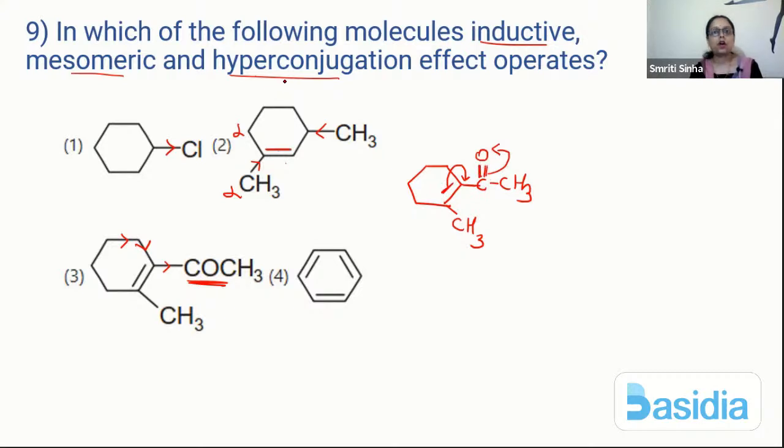And you can even talk about hyperconjugation because this double bonded carbon has alpha carbons, 3 here and 2 here, that is a total of 5 alpha carbons. So hyperconjugation is also possible. So you can talk about inductive, mesomeric, and hyperconjugation in the third structure, and therefore it is the correct answer.